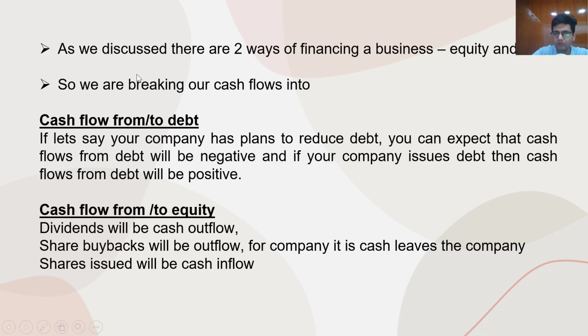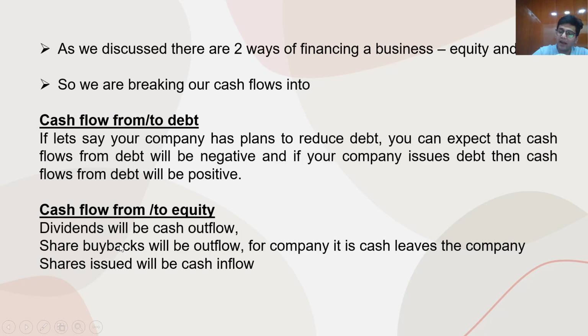So, coming up to cash flow from or to debt, if let's say your company has plans to reduce debt, what will happen? You can expect that the cash flow from debt will be negative, and if your company issues debt, then cash flow from debt will be positive. Similarly, cash flow from equity and to equity, if your company is paying dividends to equity, it will be cash outflow for the company.